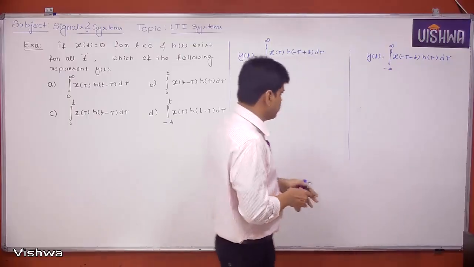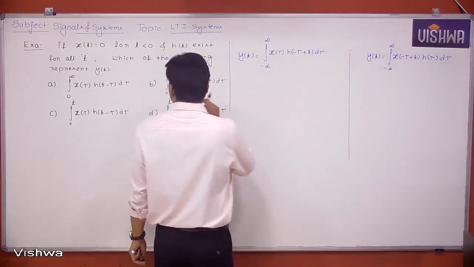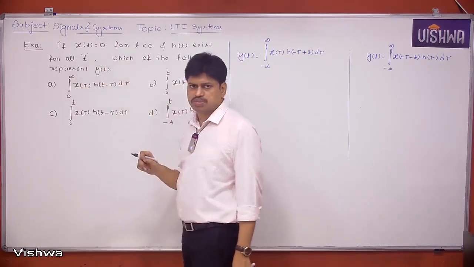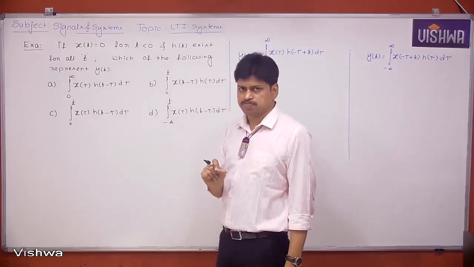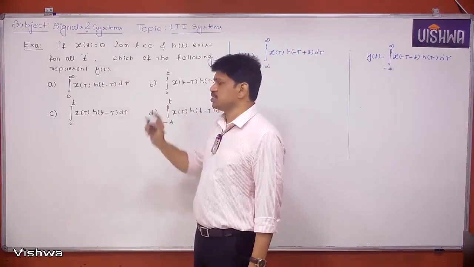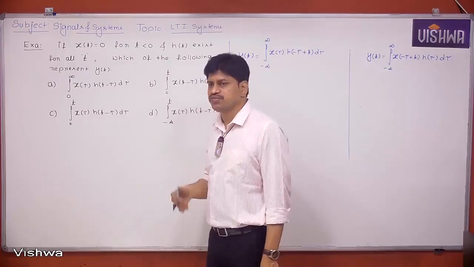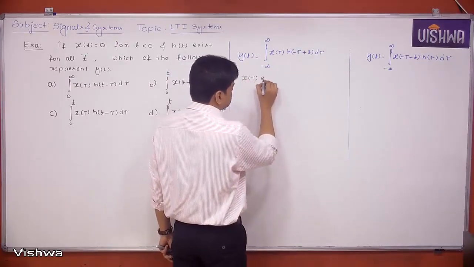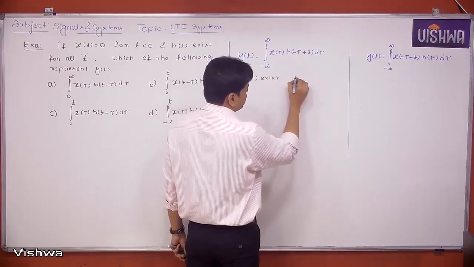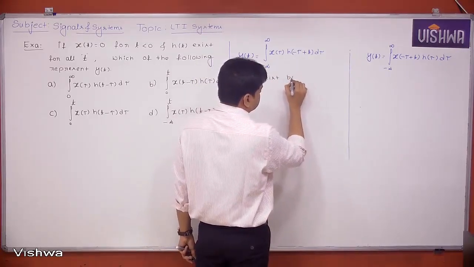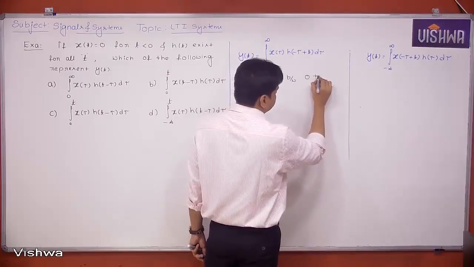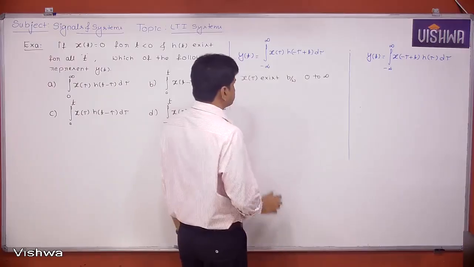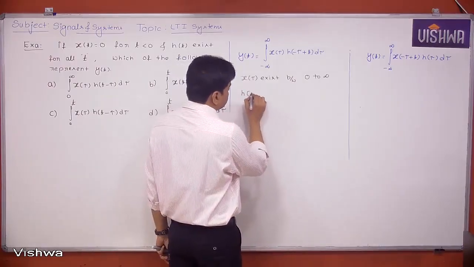So let's see. First I will write like this. Here it is given x of t is equal to 0 for t less than 0. That means it exists from 0 to infinity, so x of tau exists between 0 to infinity. Next, where does h of tau exist?